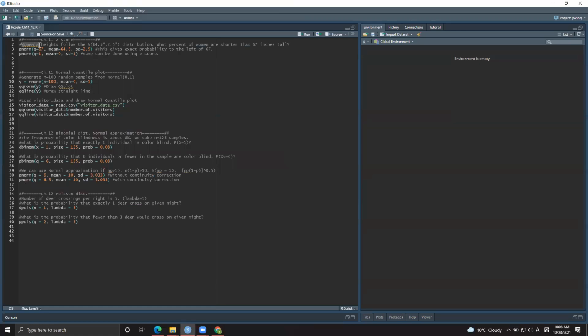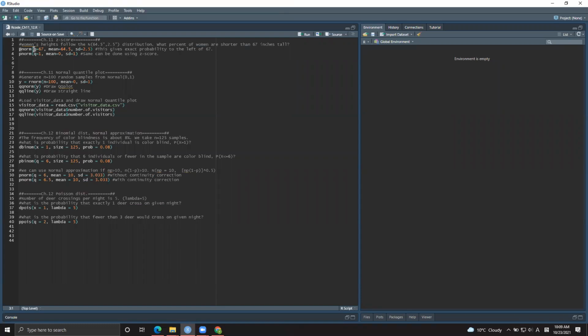We looked at this example in class: women's height follows a normal distribution with mean 64.5 inches and 2.5 inches as its standard deviation. What percent of women are shorter than 67 inches tall? To compute that, R uses this command, pnorm. The p stands for cumulative probability.